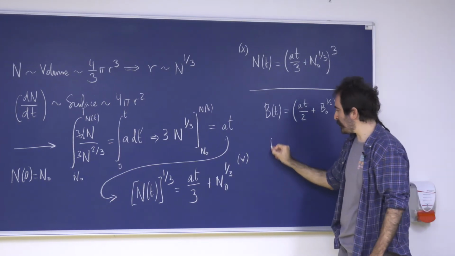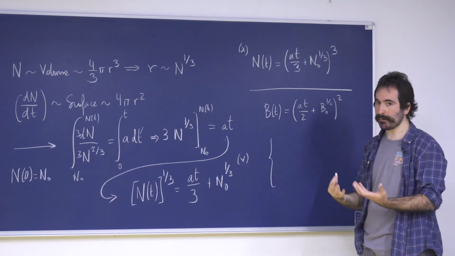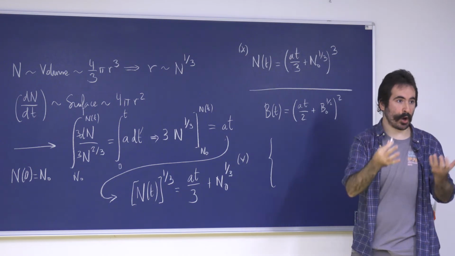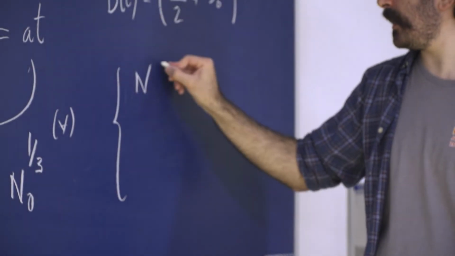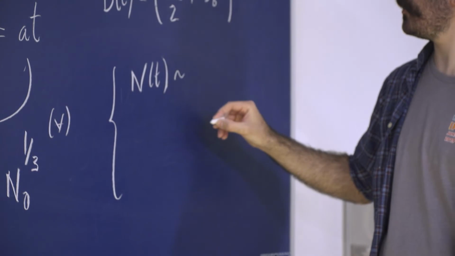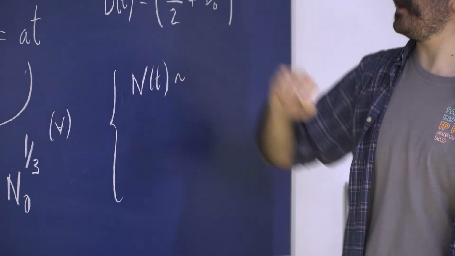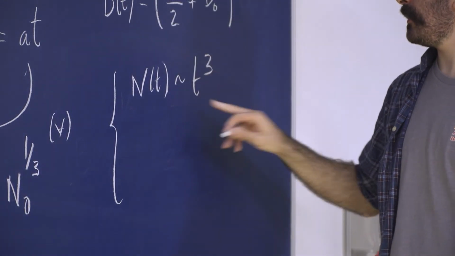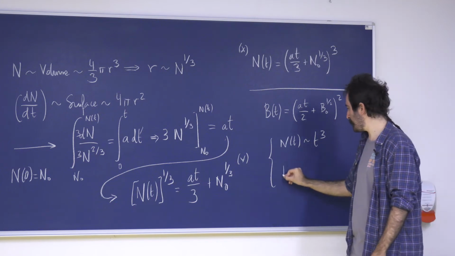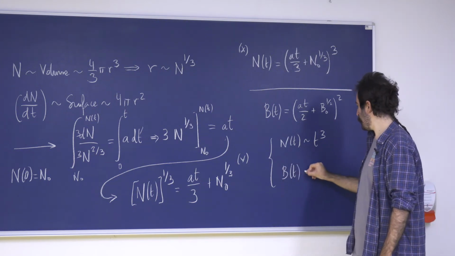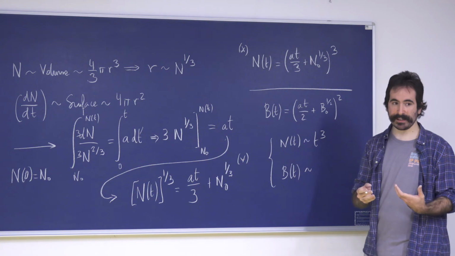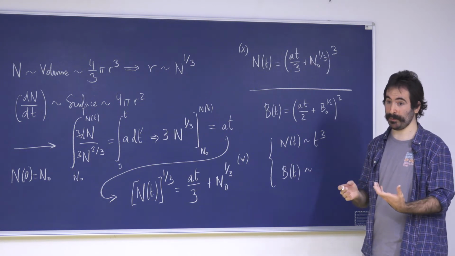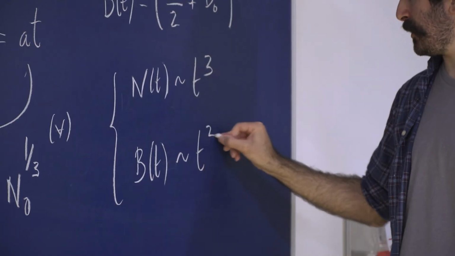I want to also notice that if we take asymptotic behavior, namely if we look at long time behavior, what we're seeing is that in these spheroid tumors the number of cells is going to scale like t to the power of 3, whereas for the bacteria system on a Petri dish that we looked at before, this scaled like t to the power of 2, right?